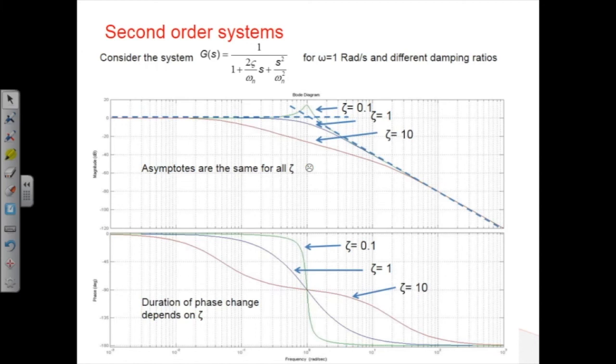So mathematically there's no difference between 2 first order corners, one following the other, and a high damping second order system. So just be aware of that. When you draw these things, you could legitimately interpret it as 2 first order corners or 1 second order corner with lots of damping.